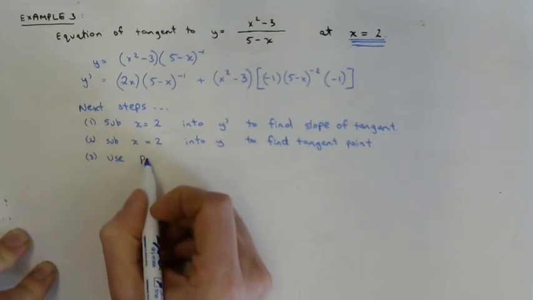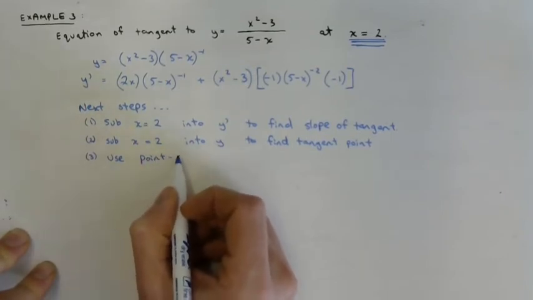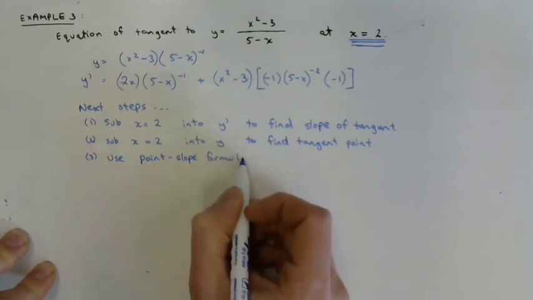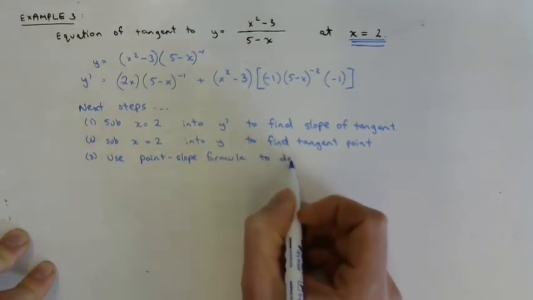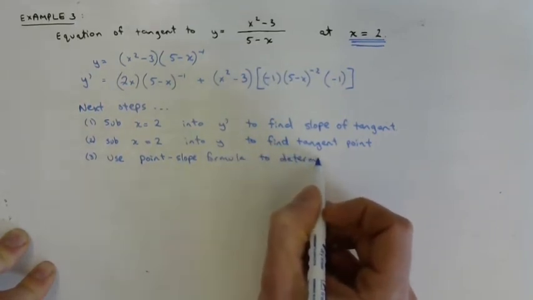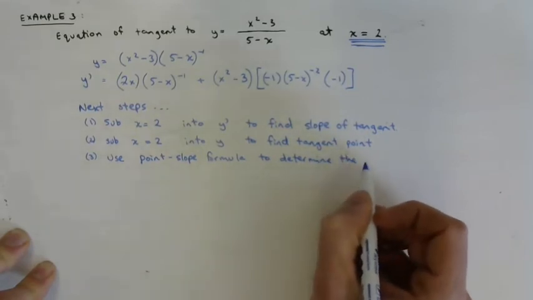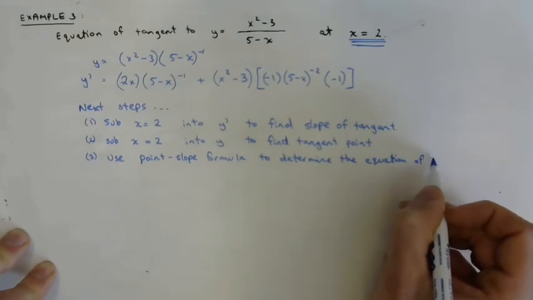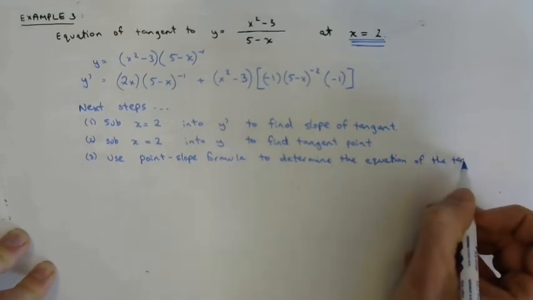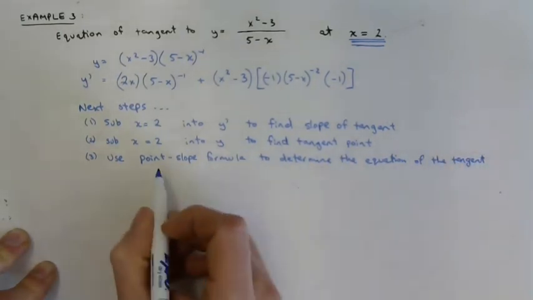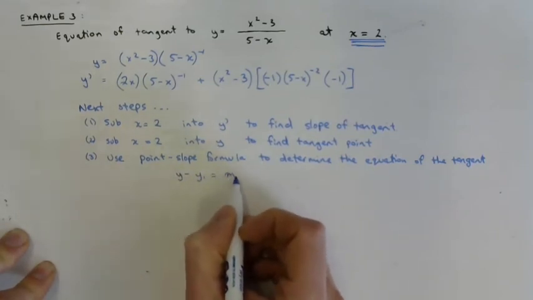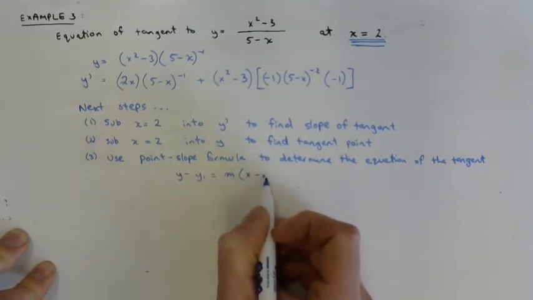Then use point slope formula to determine the equation of the tangent. And point slope formula looks like this: y minus y1 equals m times x minus x1.